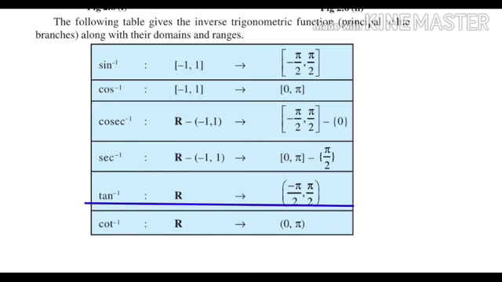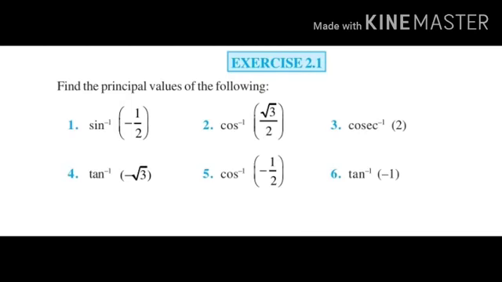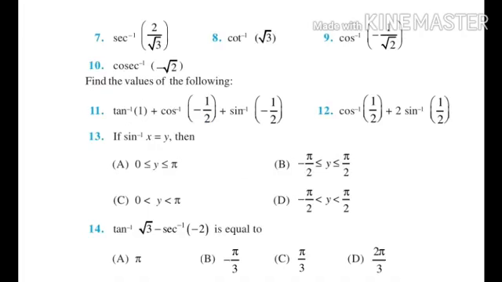Now see, tan inverse domain is real numbers and range is the open interval minus pi by 2 to pi by 2. Now students, we will do questions from NCERT exercise 2.1.